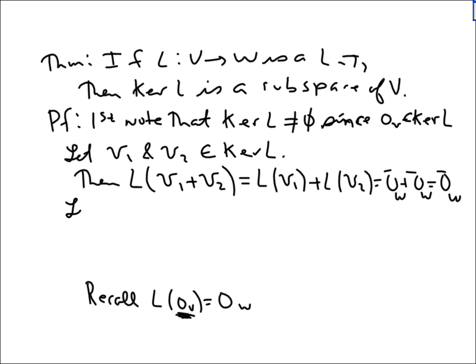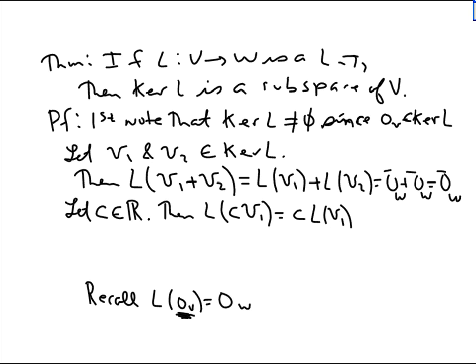Okay. Now, let C be any scalar. Then L of C times V1 is C times L of V1. But L of V1 is the 0 vector.